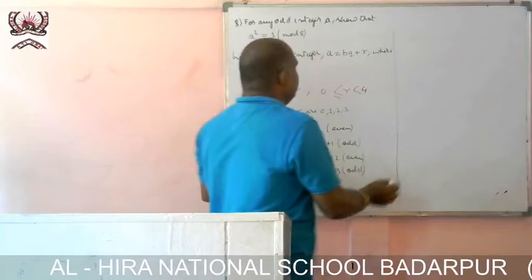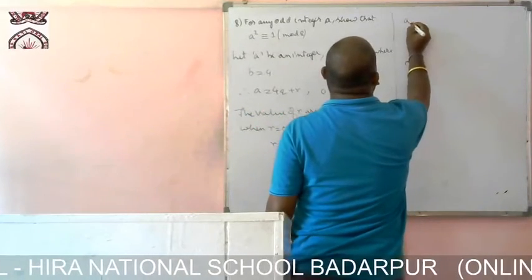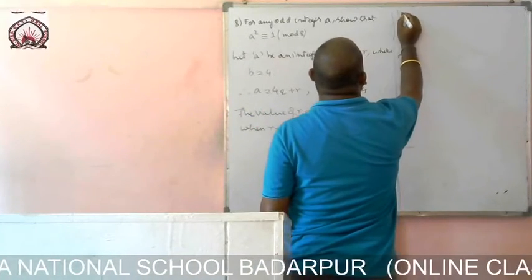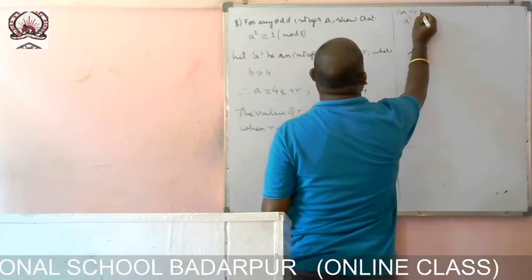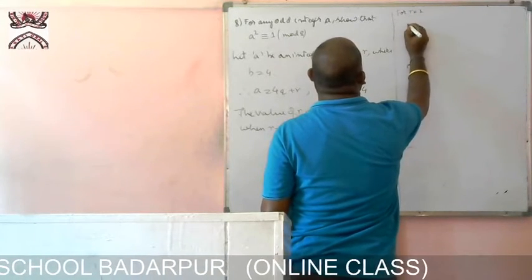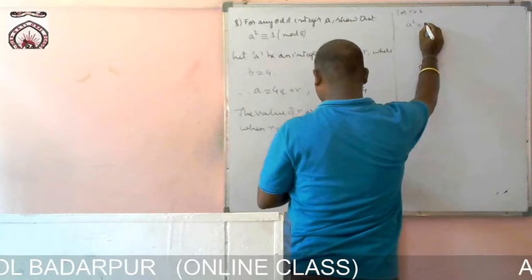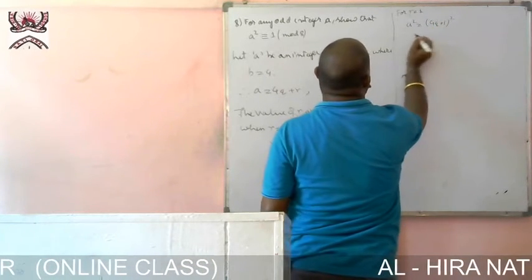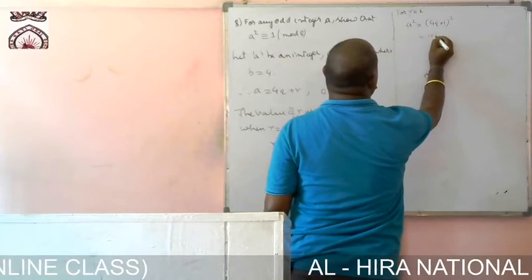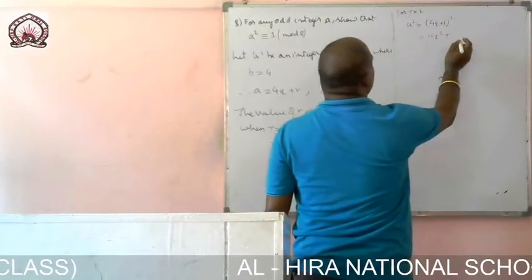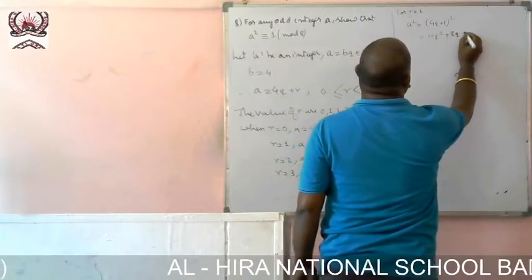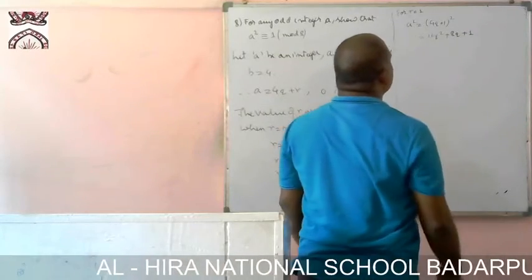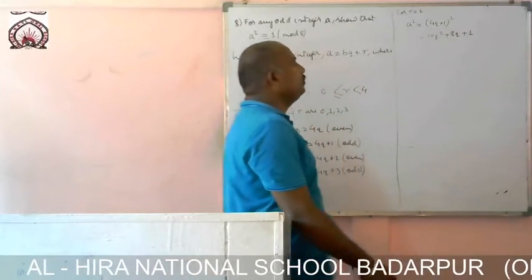Now, if I find the a square for r equal to 1, a square equal to (4q plus 1) whole square. This is the value, 16q square plus 8q plus 1.